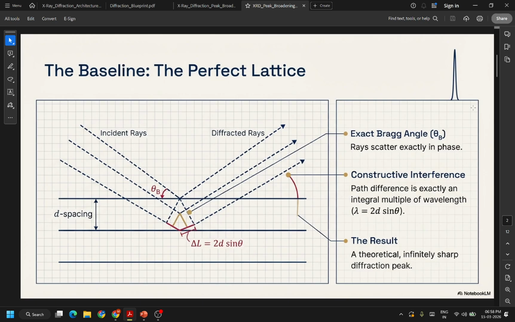So in a perfect lattice, at the Bragg angle, the rays scatter exactly in phase, and they constructively interfere, which is given as lambda equals 2d sine theta, and the result is a theoretically infinitely sharp diffraction peak.